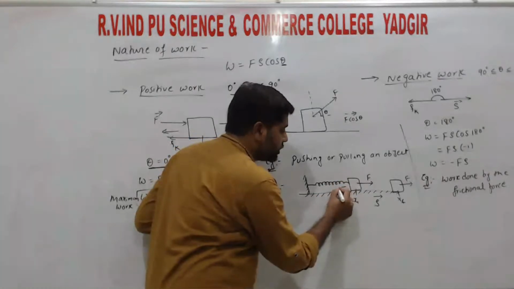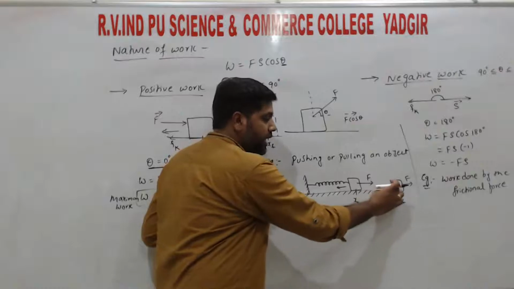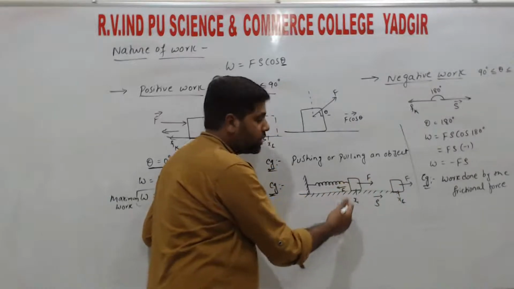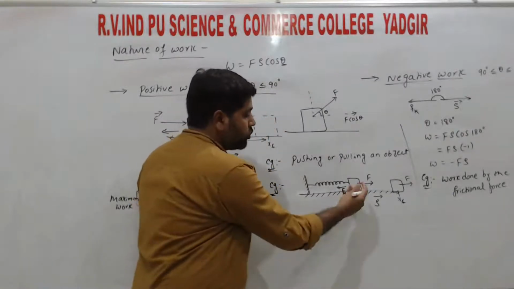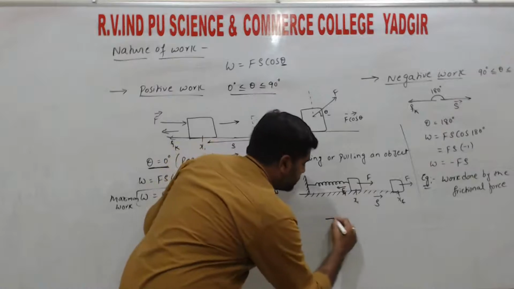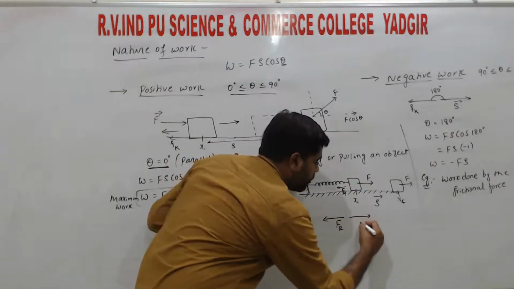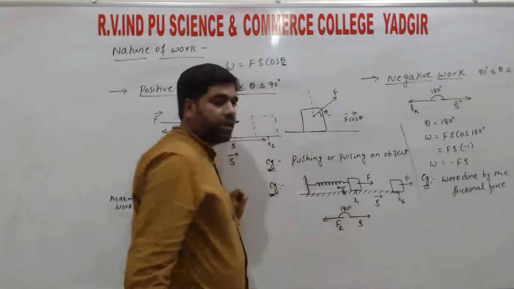The restoring force is always opposite to the direction of the applied force. If the applied force is in this direction, the restoring force is opposite to the applied force. We call that Fr. Since the restoring force is opposite to the displacement, here also we are getting the angle 180 degree, right?